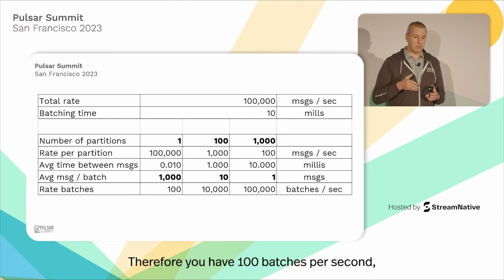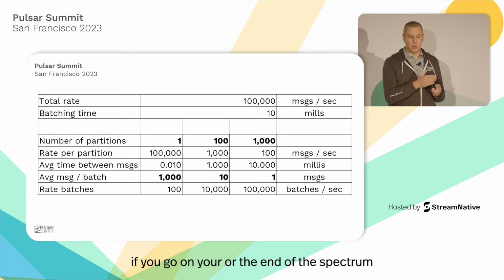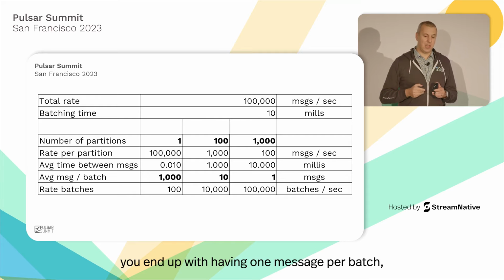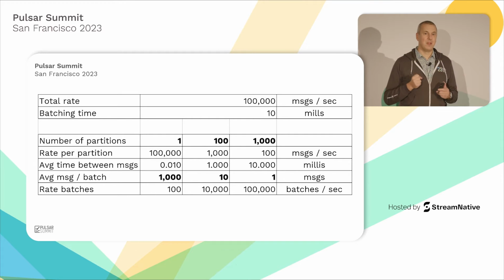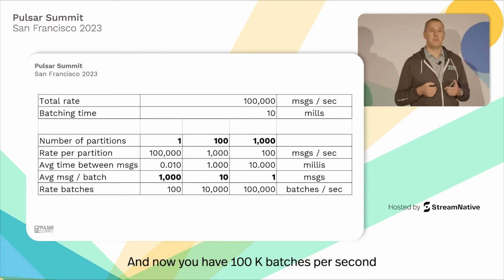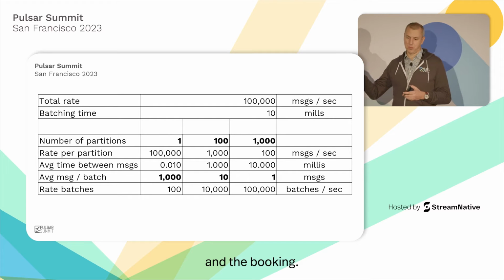Therefore, you have 100 batches per second, which is very low, and it is super efficient. Now, if you go to the other end of the spectrum, you have 1,000 partitions. You end up with one message per batch, which is kind of the worst case scenario here. And now you have 100K batches per second, lots more CPU, and a lot more contention in the brokers and the bookies.